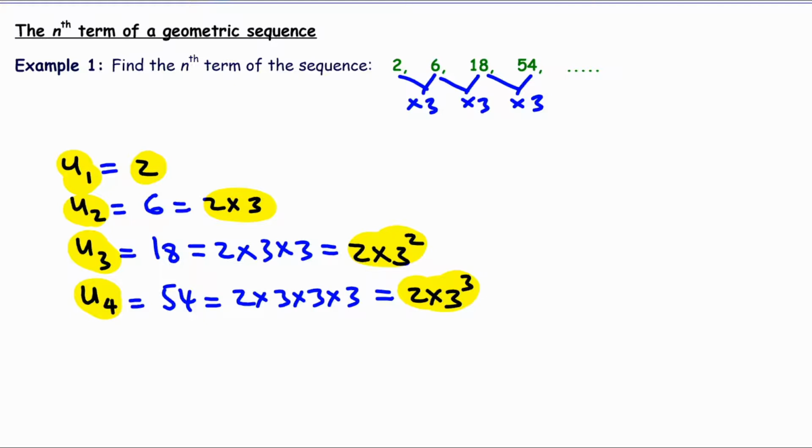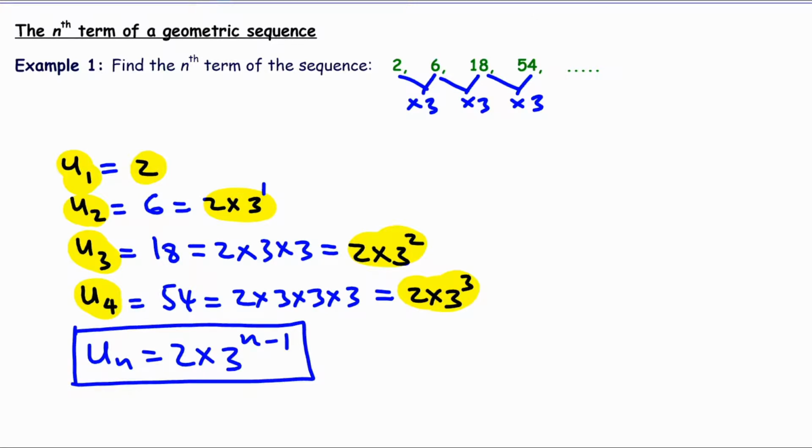Look at the third term: this is position 3, the power of 3 is 2. And here, of course, the power of 3 is 1. So we can say, just by inspection, that the nth term of this geometric sequence will be 2 multiplied by 3 to power n minus 1. We can clearly see that the power of 3 is one less than the position of the corresponding term in the sequence.